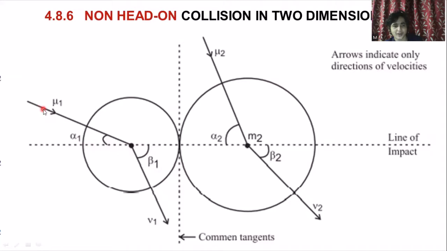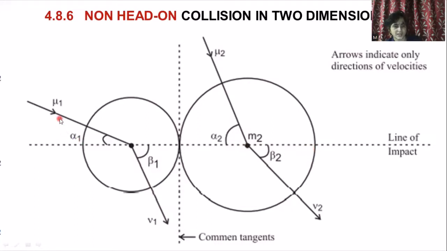So if we resolve u1, this angle is alpha 1, and the initial velocity u2 is making an angle alpha 2. The final velocity v1 is making an angle beta 1 with the x-axis, and v2 is making angle beta 2 with the x-axis.